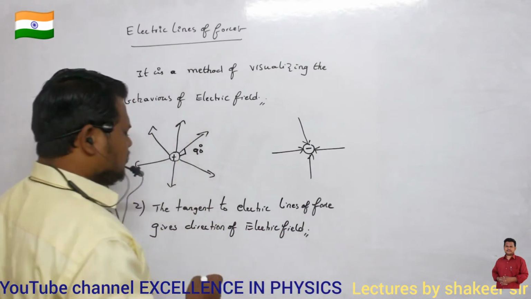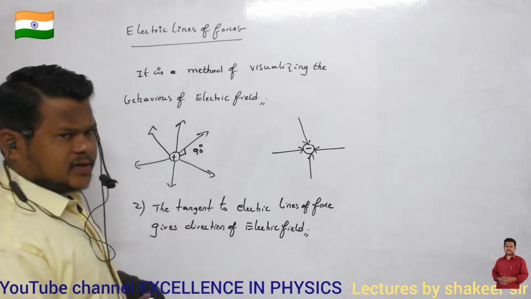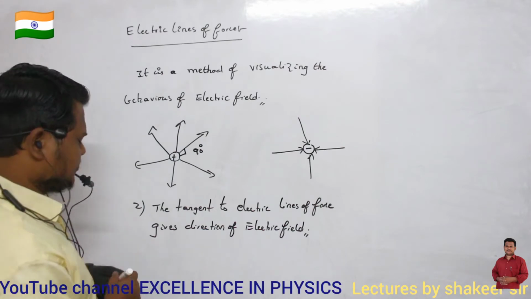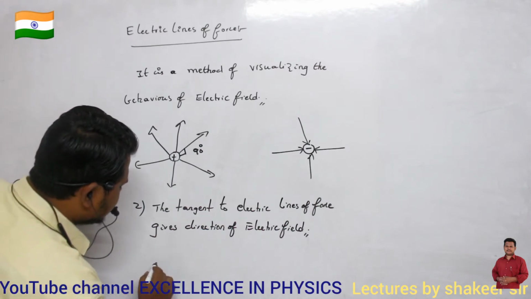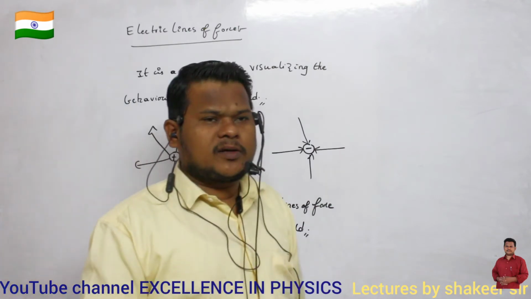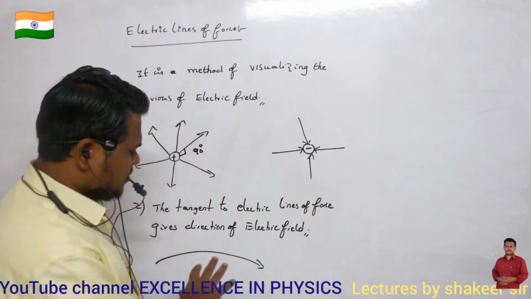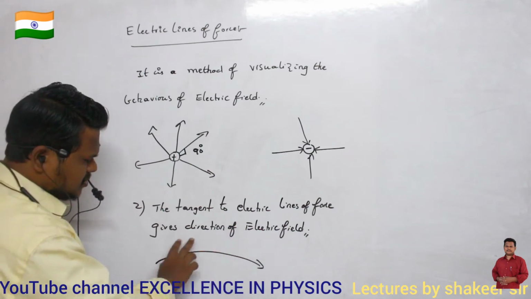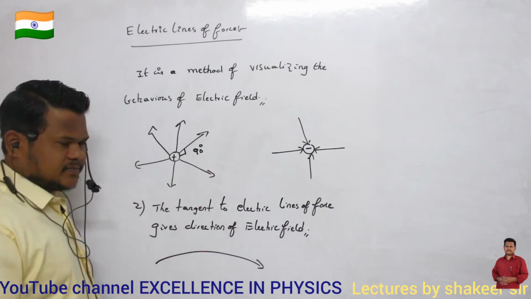Clear? What is the meaning of this? For example, if you draw a tangent, say this is an electric line of force. An electric line of force need not always be a straight line. It may be a curved line also. So, let us consider this is the electric line of force.